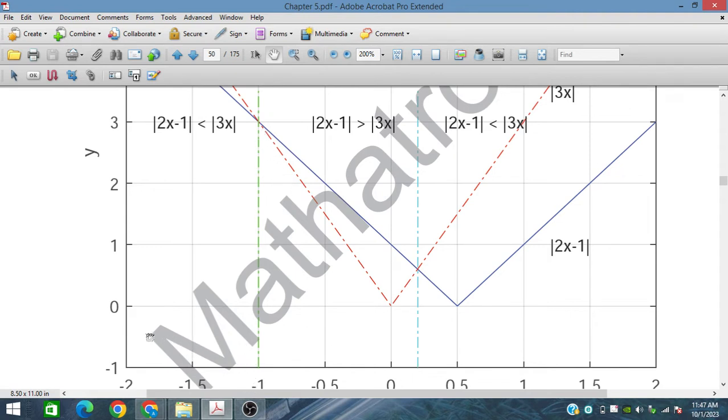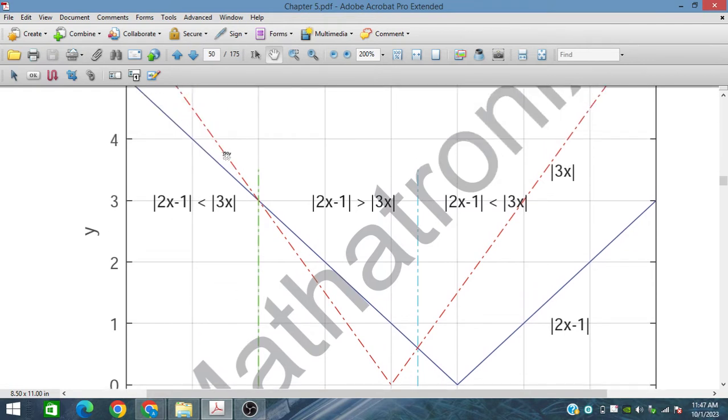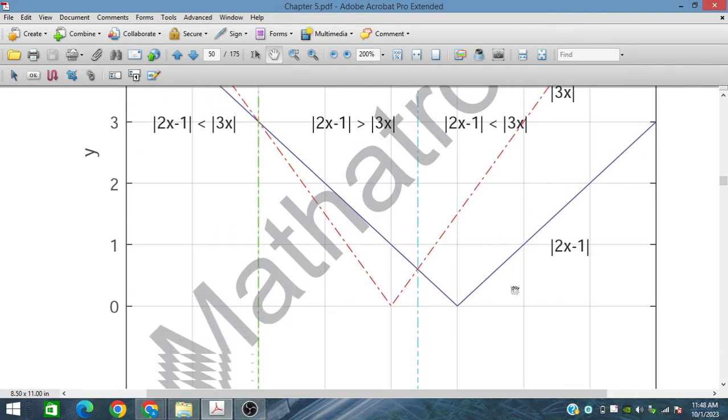So in this region this red line is above this blue line, and in this region this red line is above this blue line. It will always be above this blue line, but in this region this blue line is above this red line. So in this condition this is true, but in this condition 2x minus 1 is less than or equal to, so if we take this point as well, then we can write this equals sign as well. So in this region, this is the answer.